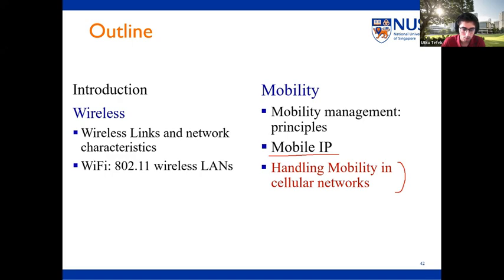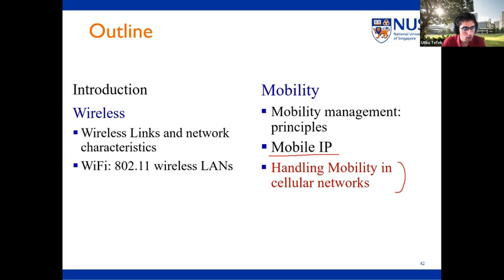You can read about how it works in GSM, the 2G network, or when you make a phone call using a mobile phone, that's how it goes. But in 4G and 5G, it's a bit different. If you're interested in this, you can read your book.